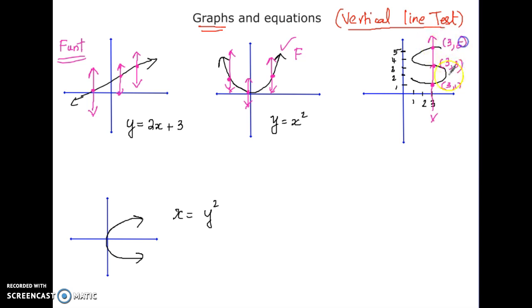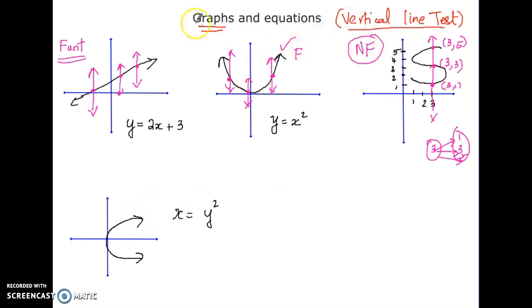So for the same x value of 3, we had 3 different y's. If we were trying to draw a graph of this, I would have to connect 3 to 3 different y's. So that's why this is not a function. Okay? So the vertical line test tells you if it is a function or not.